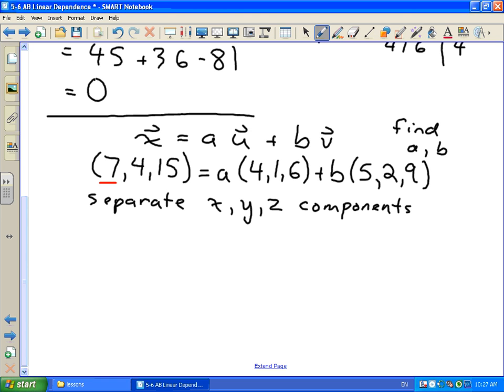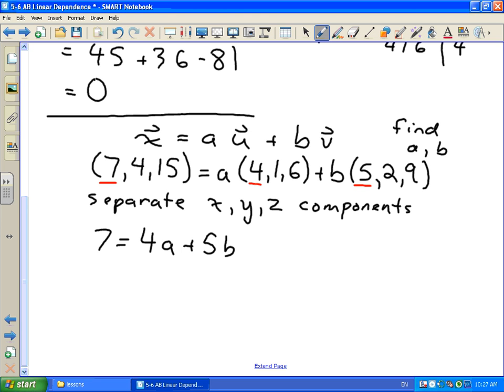So if we look just at our x components here, the relationship we're going to have is that 7 equals a times 4, or 4a, plus b times 5, or 5b.